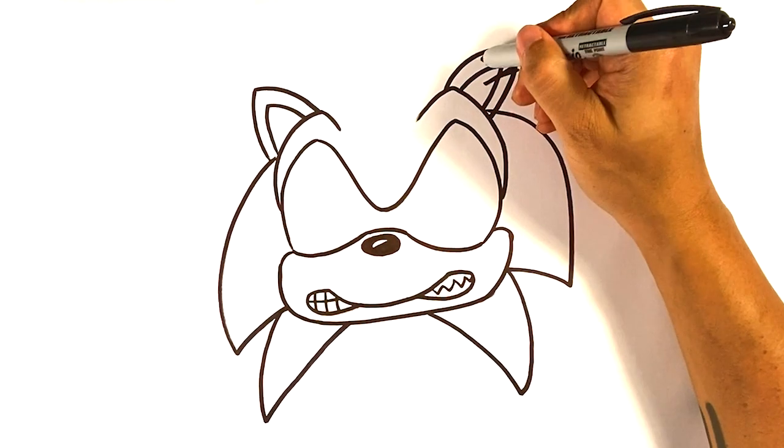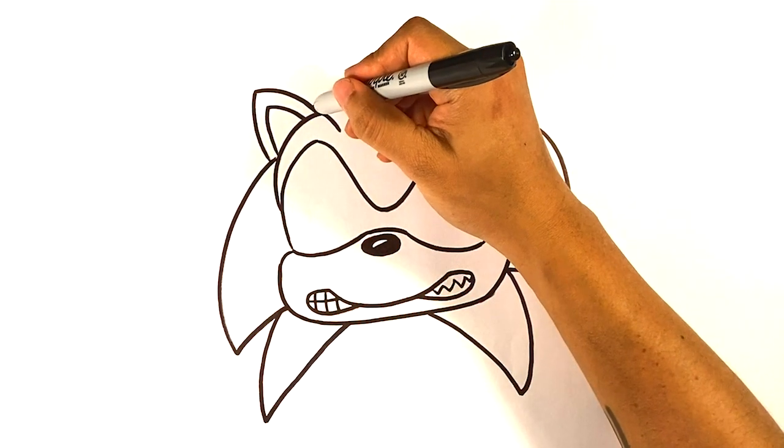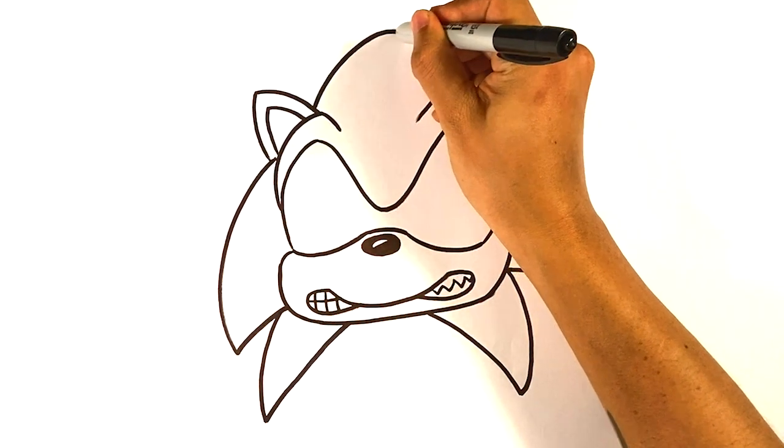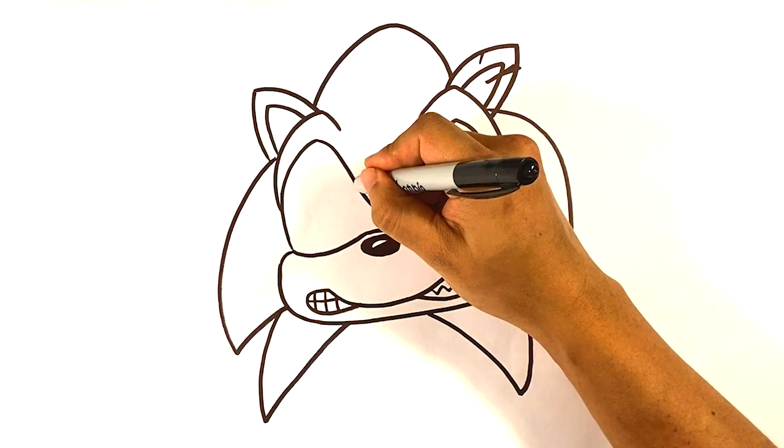This is going to be a difference right here. Just kind of a damaged ear maybe for that side. This is going to be the EXE side. I'm going to draw a curve on the top here. So right now it just looks like we see the front of regular Sonic's head with a little bit of a torn up ear. Go over here to the eye.